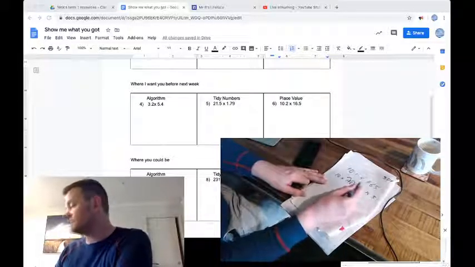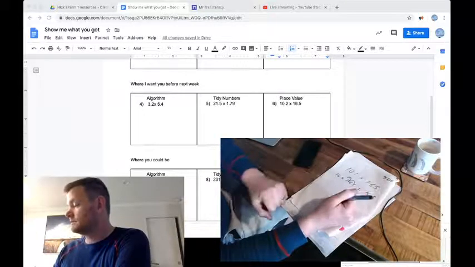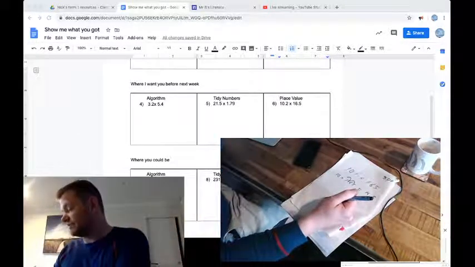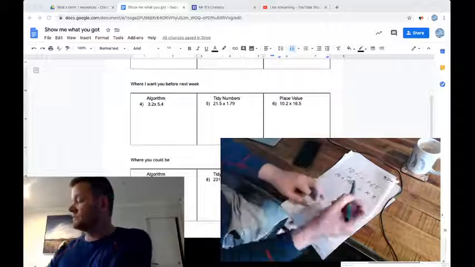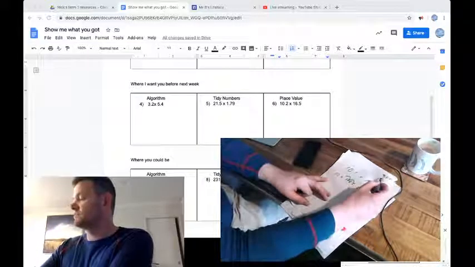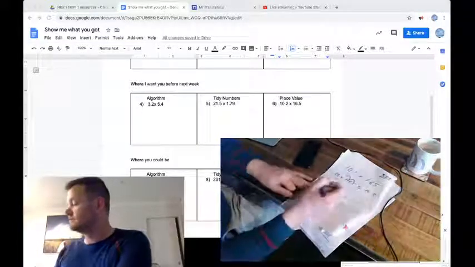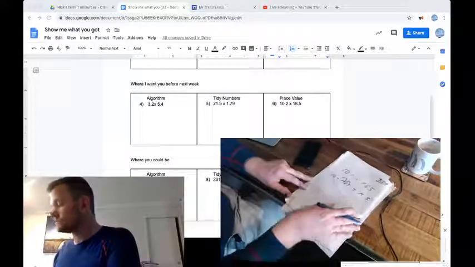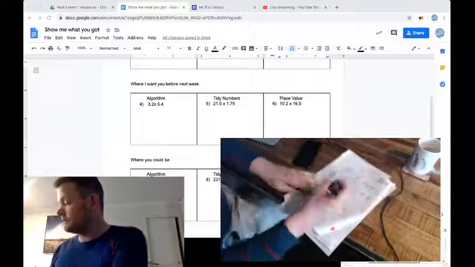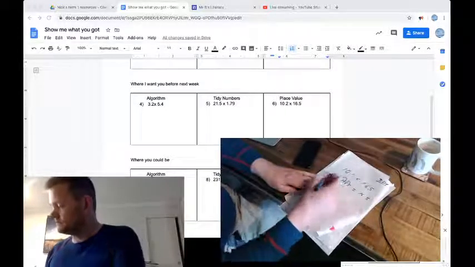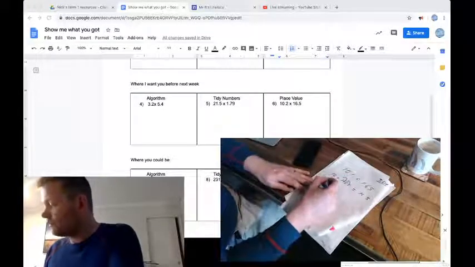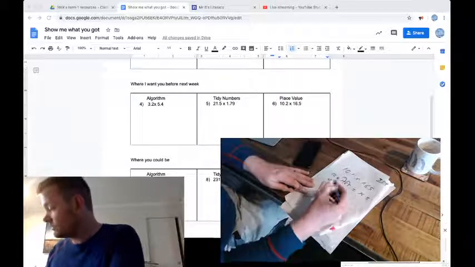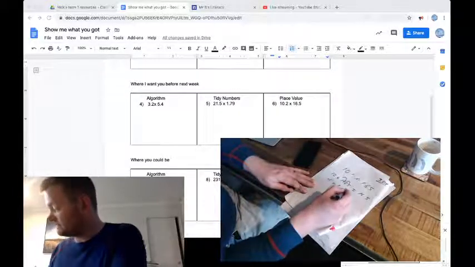If it doesn't have any decimal places, you just add 0. So I actually haven't removed the decimal places yet because it wasn't really needed. So I've got that. Now 0.1 times 1.65.